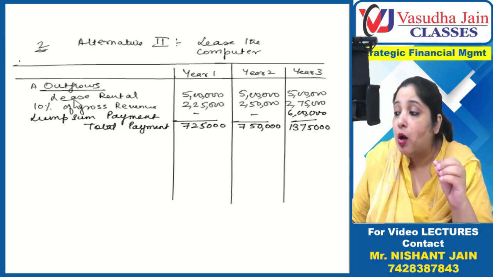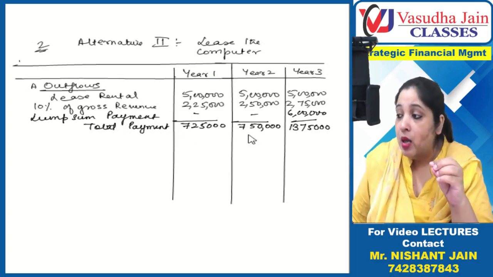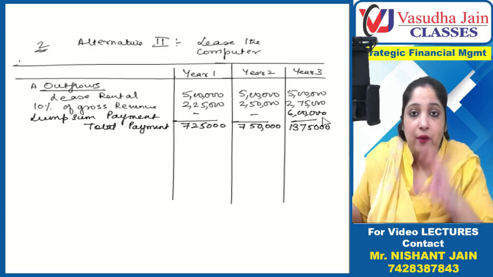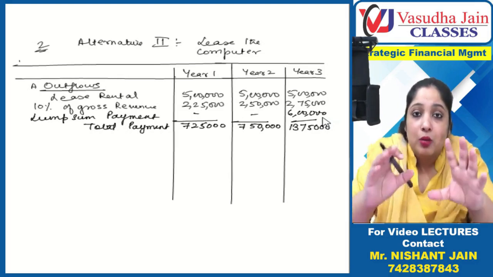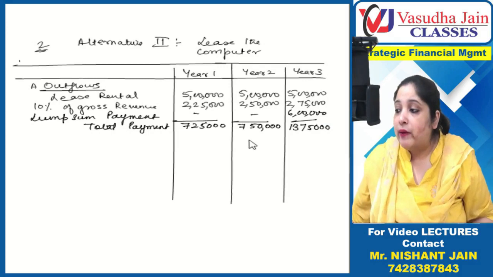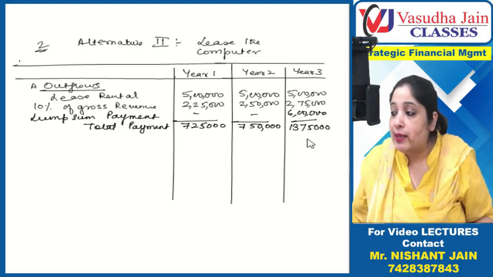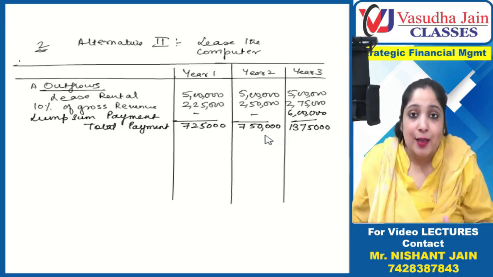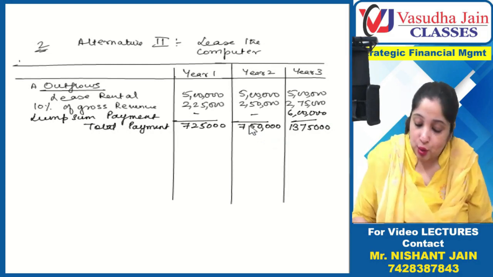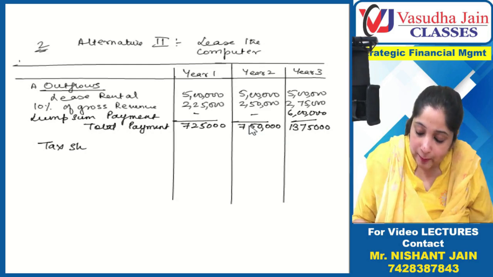Whatever payment you are going to make to lessor, all this payment can be shown in P&L account. So this 7,25,000, 7,50,000, 13,75,000 can be shown in P&L account as an expense. So you can save tax on it. So there is going to be tax shield on total payments.